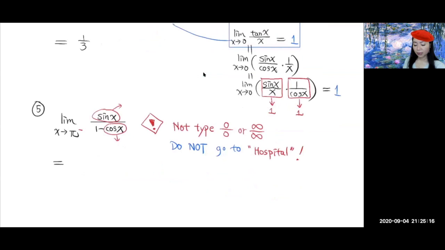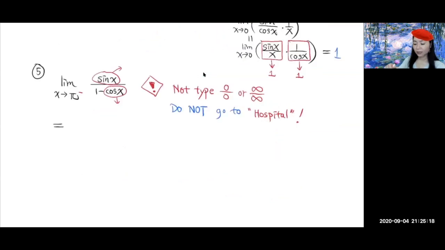Okay, number 5, the last example. Take a look at this limit right here, the limit of this quotient. Before we rush to the hospital, we want to see what type it is. As x goes to pi from the left side, sine of x goes to 0.